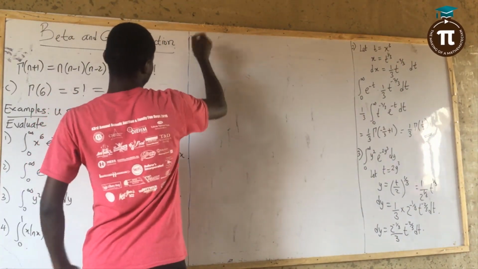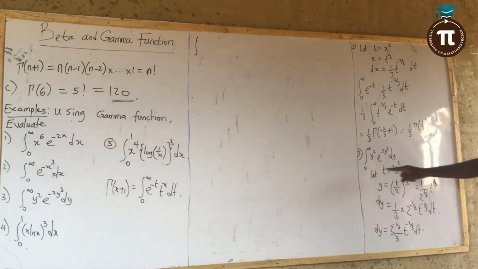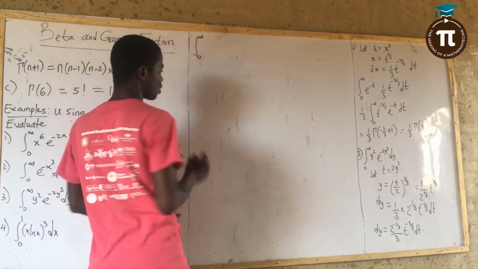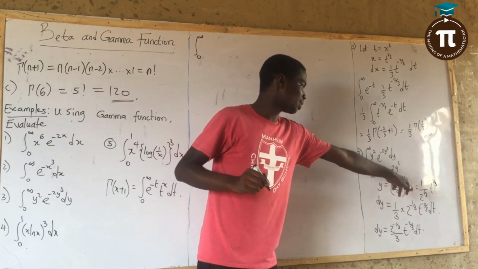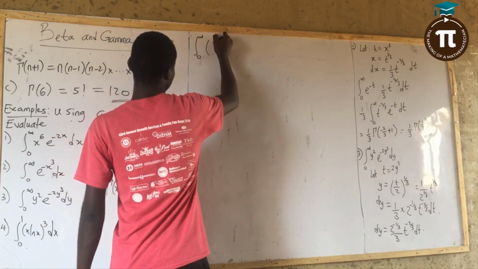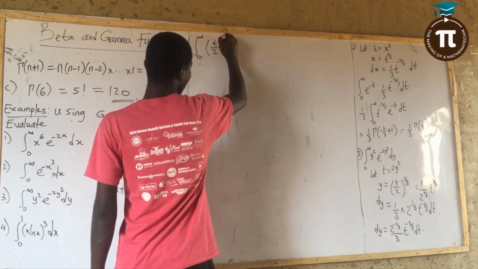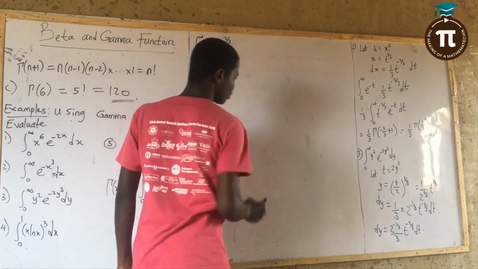Back to the question. Obviously, when y is 0, t is 0. When y is infinity, t is also infinity. So I have the integral from 0 to infinity of y squared. y is all this. y squared will be t over 2 raised to the power of 2 over 3.